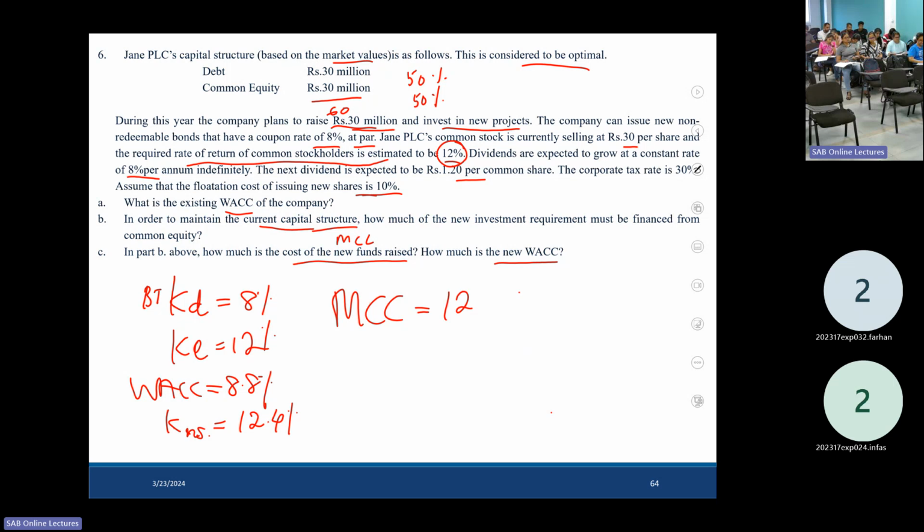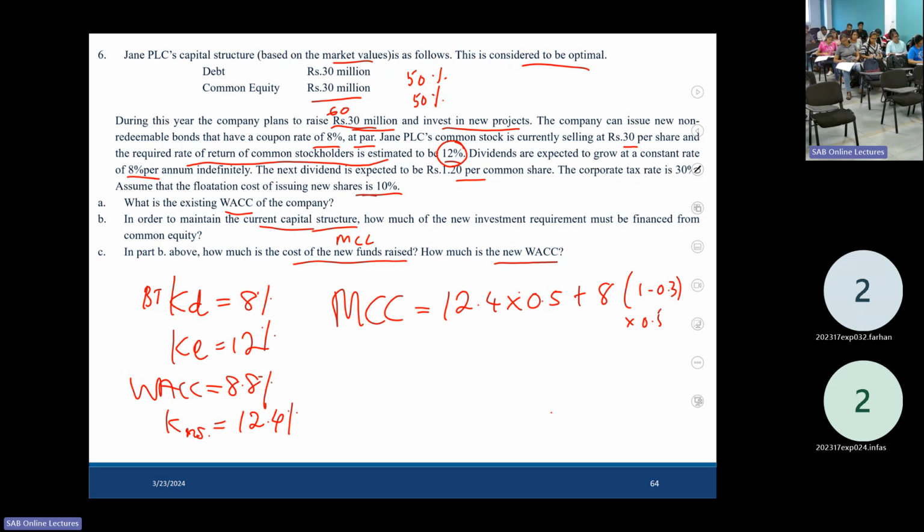So 12.4 into 50, plus debt capital is 8, no? 8 after tax, 1.8 into 50. This is the marginal cost of capital.